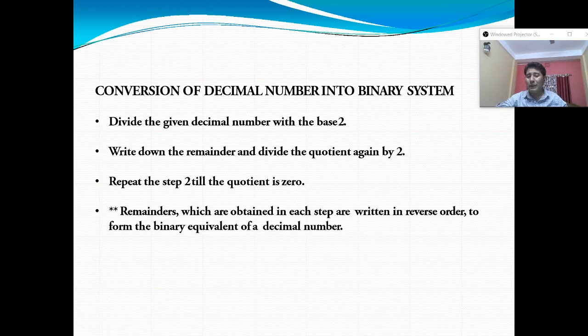We repeat this step, dividing the quotient again and again by the base 2 until the quotient becomes 0. The remainders obtained in each step are written in reverse order to form the binary equivalent of the decimal number. Let me show you this with the help of an example.